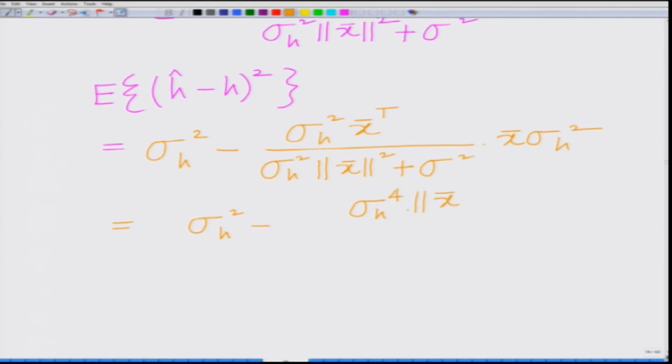Now, you see you have x bar transpose times x bar, that will give norm x bar square, divided by sigma h square norm x bar square plus sigma square.